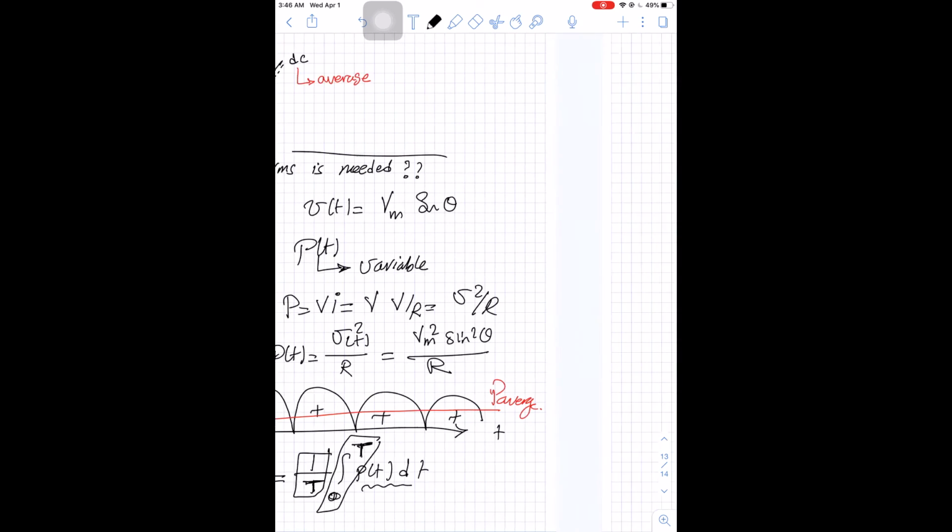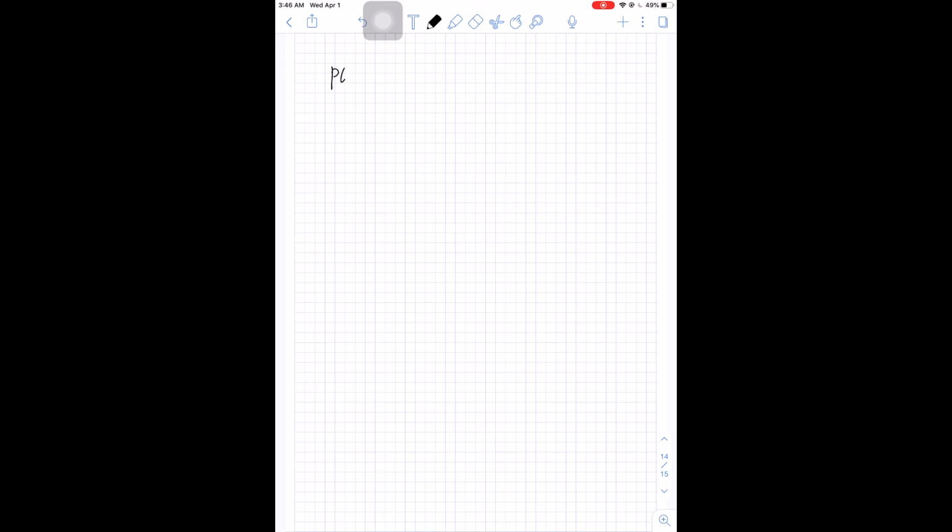Now if we apply the equation here, P average will equal 1 over T integration from 0 to T, and the power will be V of t squared divided by R dt. Sorry, this is not P of t, this is P average.